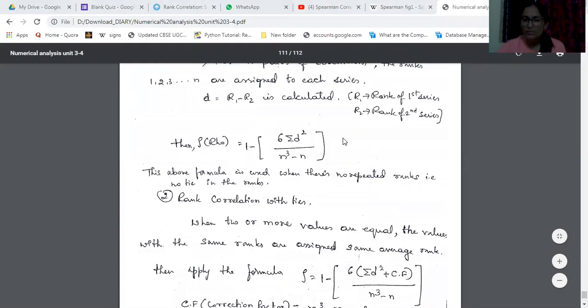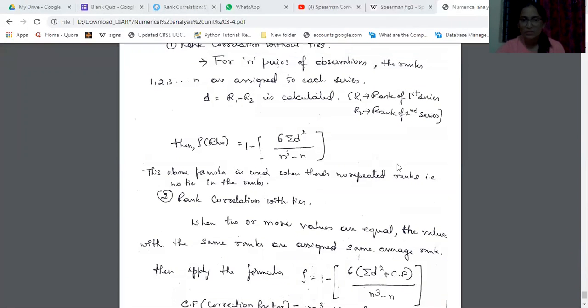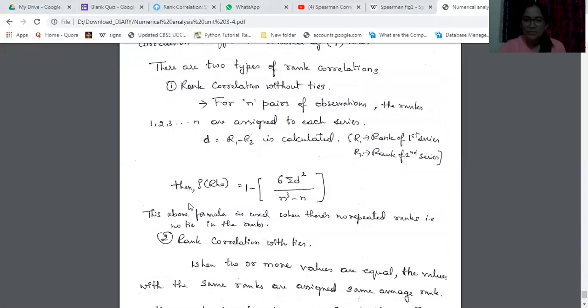There are two possibilities while ranking. If any number repeats in either series x or y, then there is a tie, and when there is no repetition, there is no tie. When there is no repetition, we will use this formula. The Greek symbol that we use to represent the rank correlation coefficient is rho, and rho is equal to 1 minus 6 sigma d square divided by n cube minus n.